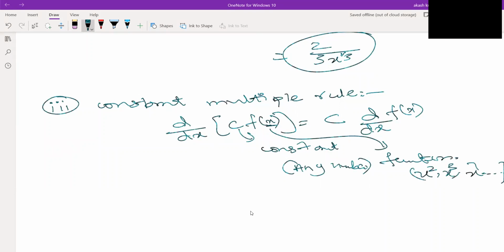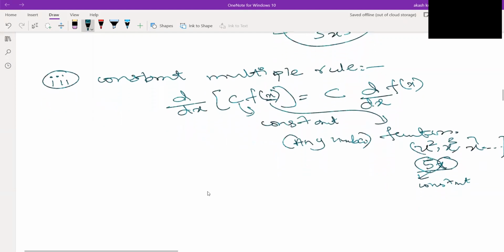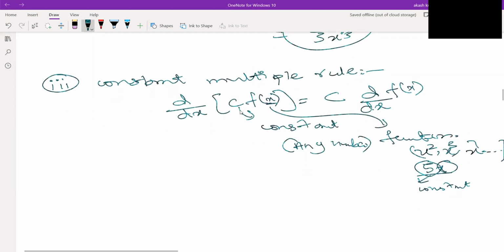Any function in terms of x only. 5x can also be a function, and x also can be a function. Okay, and 5 is a constant term. Understood. So the rule is that we take the constant term out and we derivate only the function.